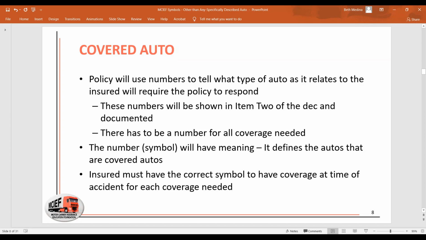These numbers will be shown in item 2 of the dec and documented. There has to be a number for all coverage needed. The number symbol will have meaning. It defines the autos that are covered autos, again, therefore the policy responds. The insured must have the correct symbols to have coverage at the time of an accident for each coverage needed.